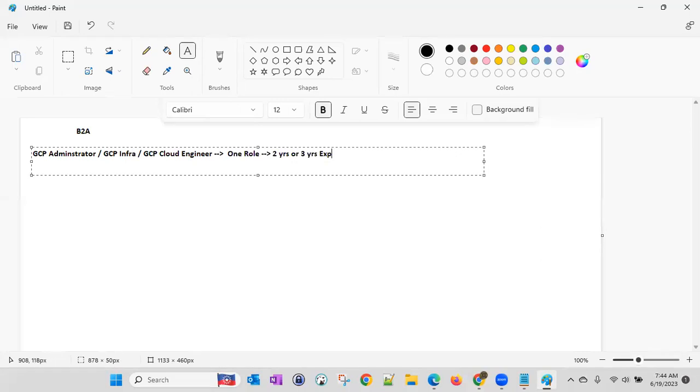Whether you have been working or are working in non-IT, suppose you are into .NET or any Java, you need to convert into GCP cloud computing.